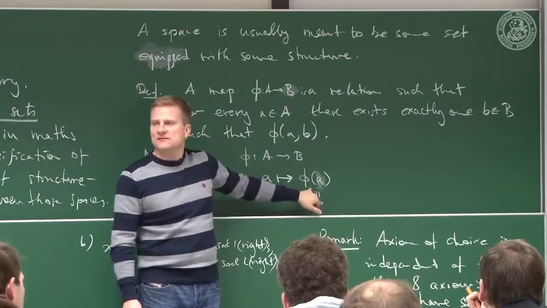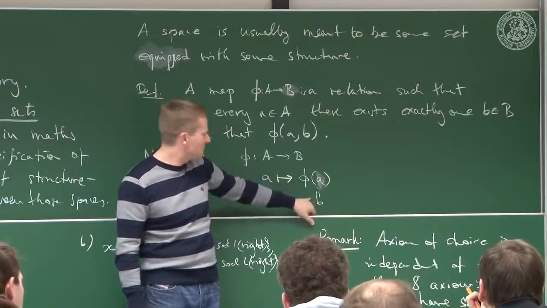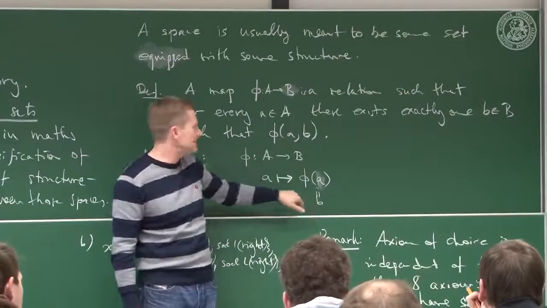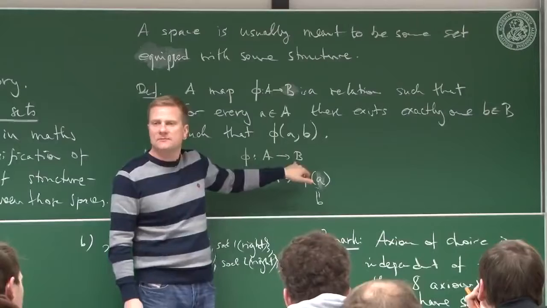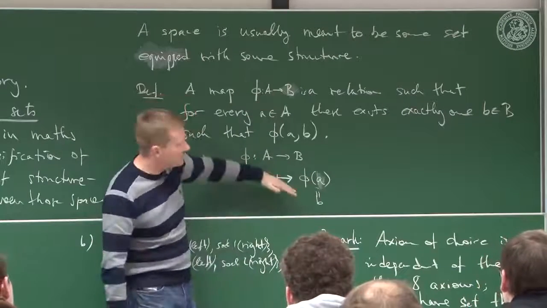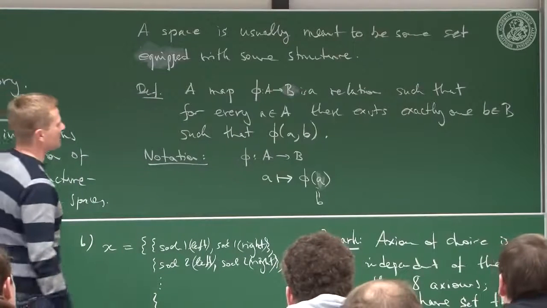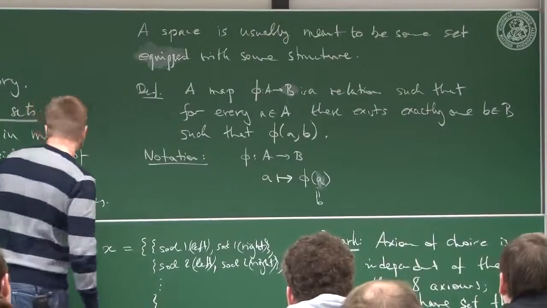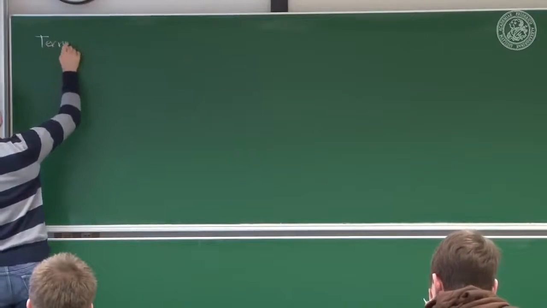The question is, what do I mean by there is assigned a certain b? What does it mean to assign to one element in A another element in B? This notion of assigning is not defined, and so it comes from a relation. Okay, so that's the basic idea of a map. So there's some further terminology.